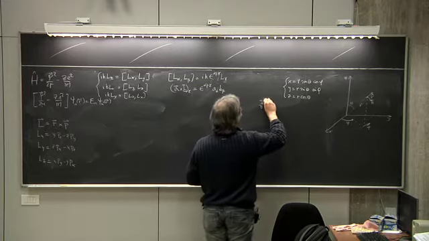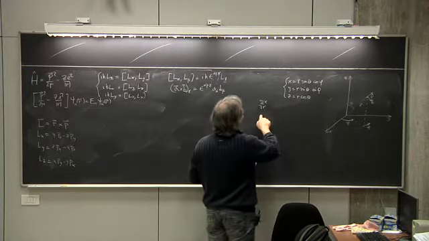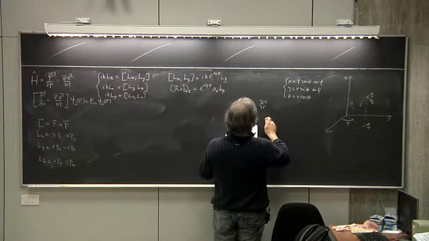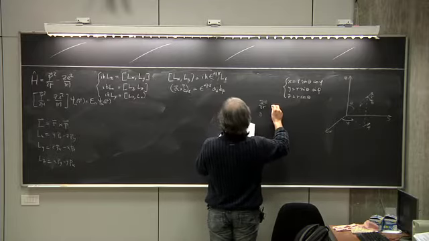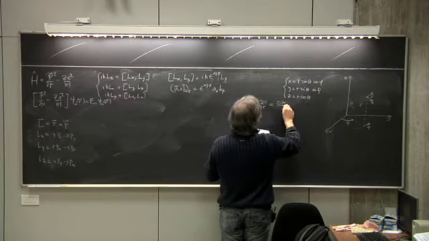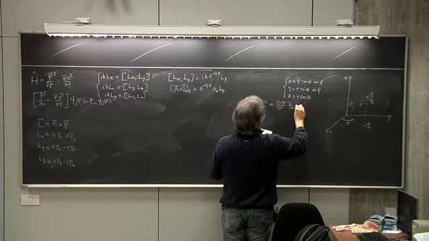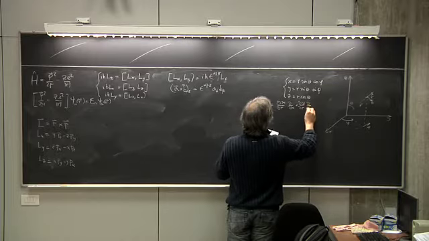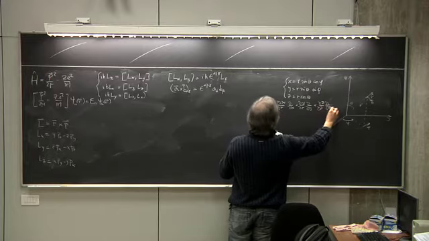So it's simple and direct to calculate, for instance, this object, or dy in the r, or dz in the r, or in fact any derivative, okay? So for instance, the d in the r can be calculated as the dx in the r times the derivative in the x plus the dy in the r times the derivative in the y plus the dz in the r times the derivative in the z.